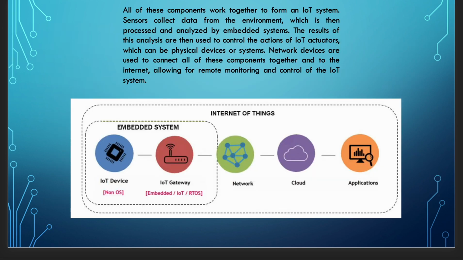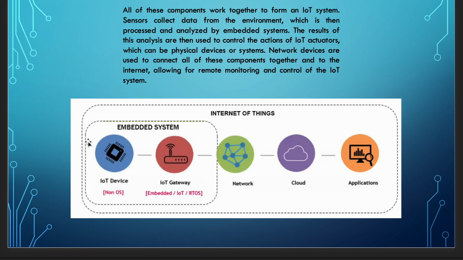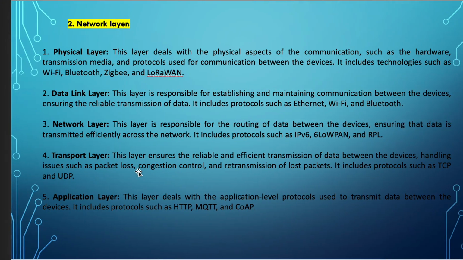In the network layer, we talked about special networks that are there for IoT systems as well. Then again, we concentrate in this lesson mostly on the networking and the hardware which is used to build the embedded IoT system, right?